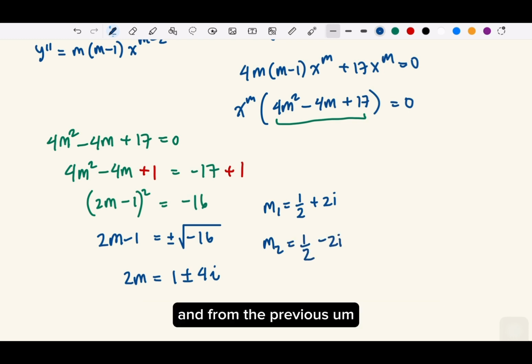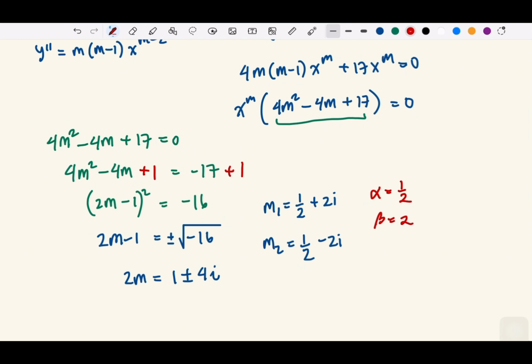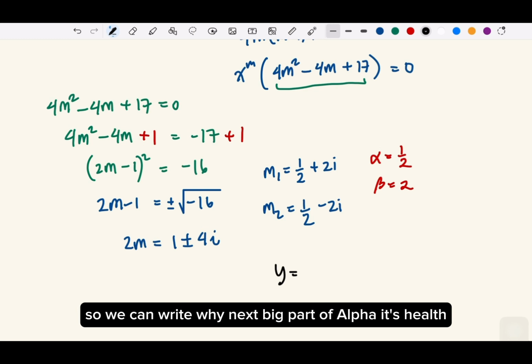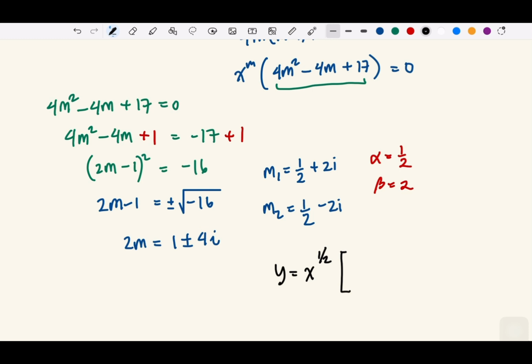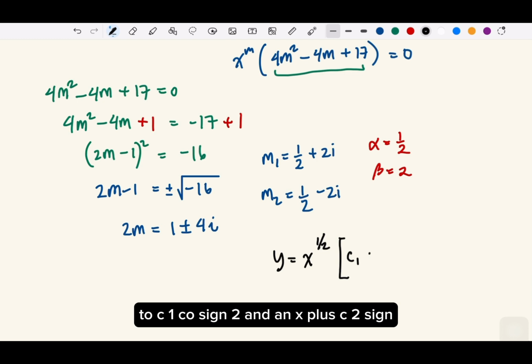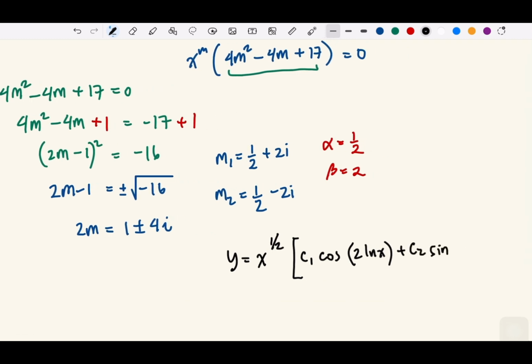And from the previous, the complex conjugate, you can identify that alpha is half and beta is 2. So we can write y equals x to the power of alpha, which is half, times C1 cosine 2 ln x plus C2 sine 2 ln x.